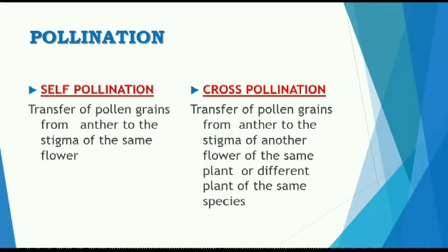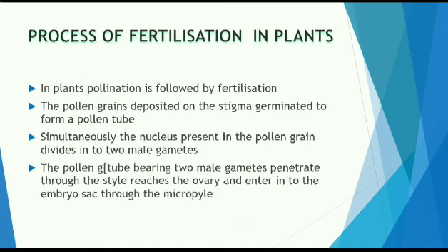That is called self pollination. But the second thing is if the pollen grain is transferred from one flower to the stigma of a different flower of the same plant or a different plant. Okay, that is called cross pollination. Clear? Now come to the next one.